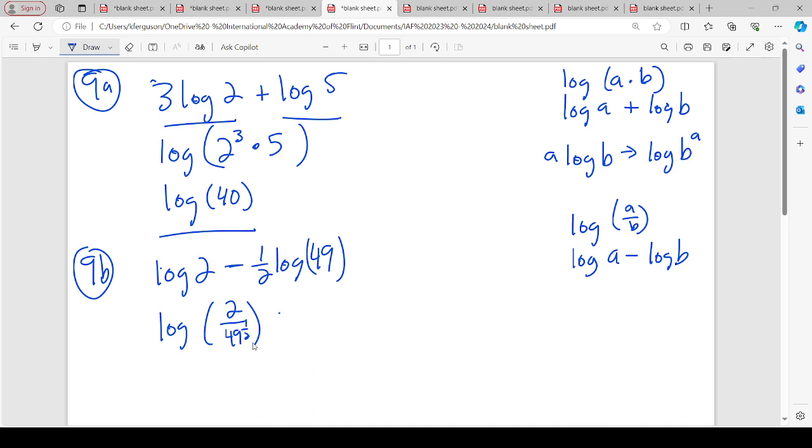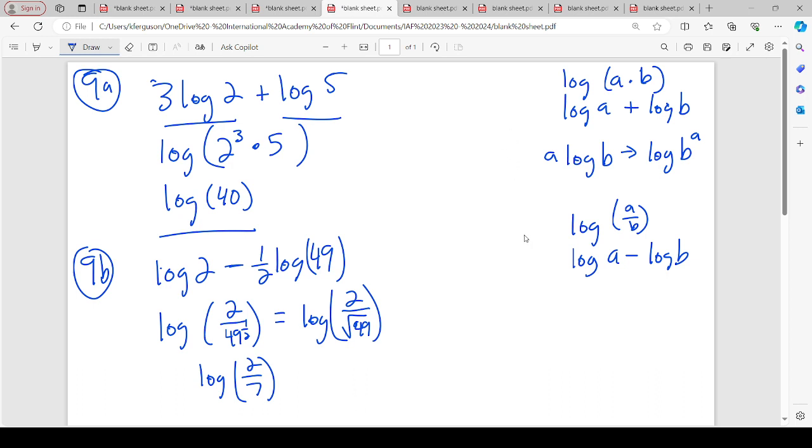Changing position is negative exponents. What are fractional exponents? They're roots or radicals. So in that case, 1/2 is a square root. So that's the square root of 49. So you were definitely right that the answer is log of 2 over 7. So see, that's how I took 2 logs and made it 1.